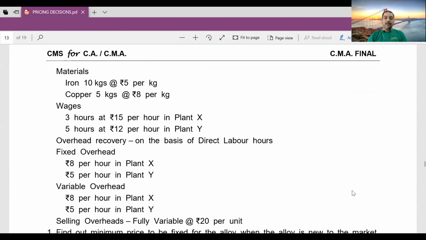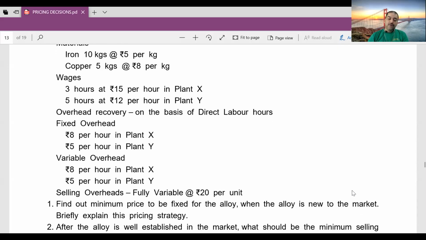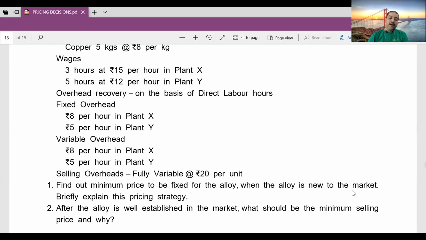Materials are iron 10 kgs at 5 rupees per kg, copper 5 kgs at 8 rupees per kg, wages 3 hours at 15 rupees per hour in plant X, 5 hours at 12 rupees per hour in plant Y, overhead recovery on the basis of direct labor hours, fixed overheads 8 rupees per hour in plant X, 5 rupees per hour in plant Y, variable overheads 8 rupees per hour in plant X and 5 rupees per hour in plant Y. Selling overheads fully variable at the rate of 20 rupees per unit.